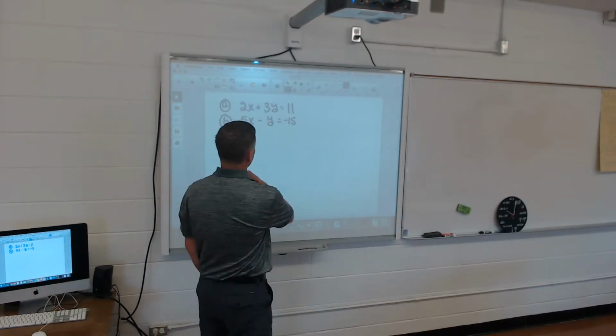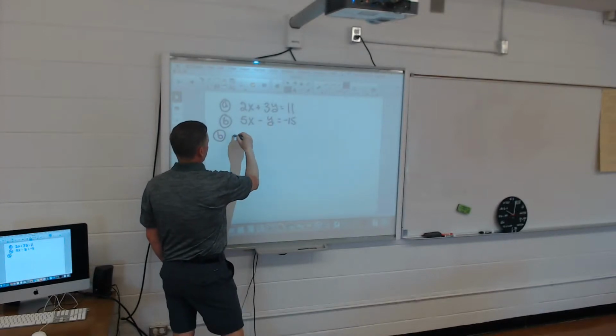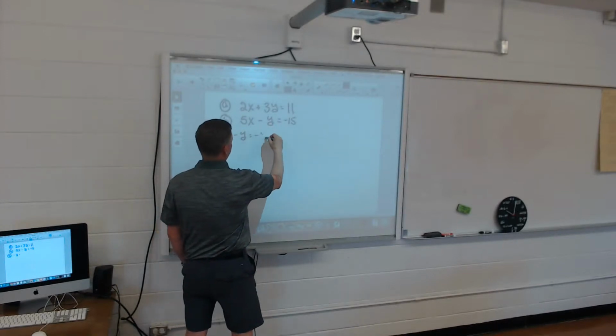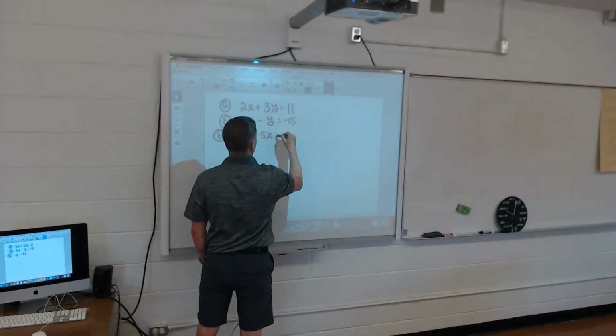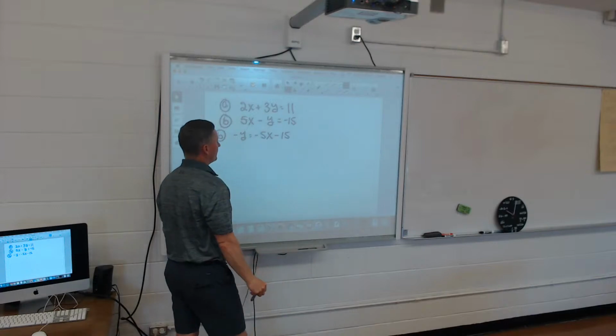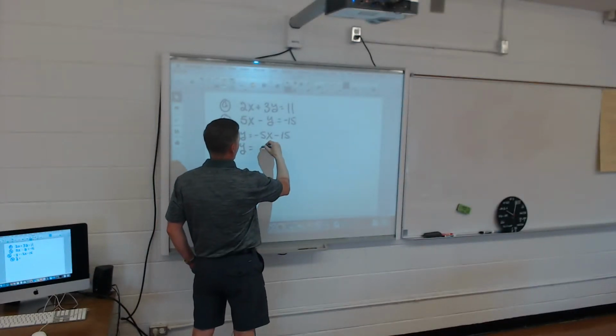So the first one I'll do substitution. So I'm going to use B. I'm going to get y by itself. So I first subtract 5x to both sides, and then I'm going to times it by -1.